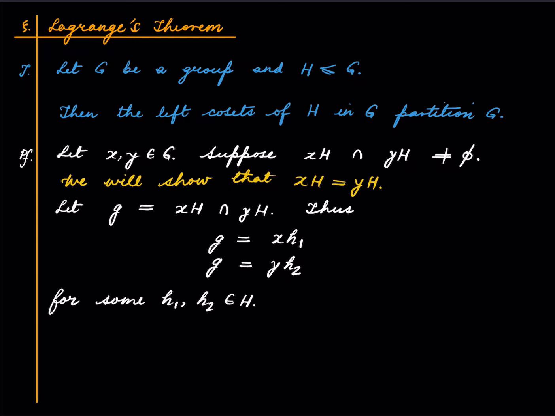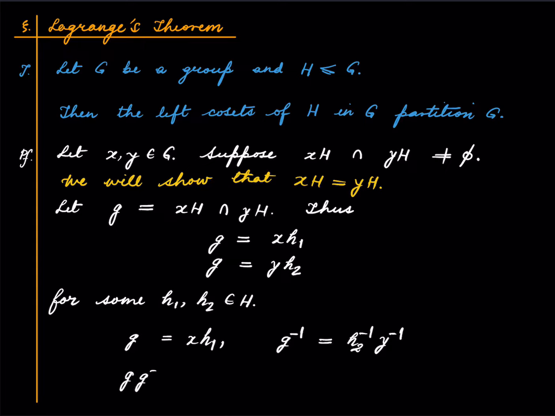So here is what we will do. We have g equals xh1, and from the second equation we get g inverse equals h2 inverse y inverse. Okay. And now we multiply these equations.